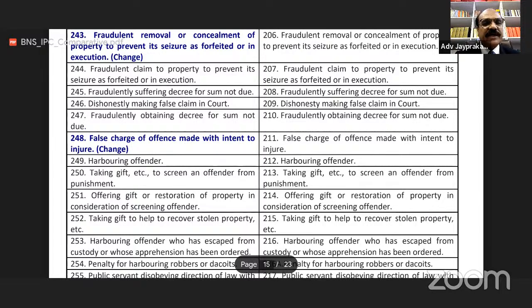BNS section 246, dishonestly making false claim in court. Earlier section was IPC 209. BNS 247, fraudulently obtaining decree for sum not due. Earlier section was IPC 210.